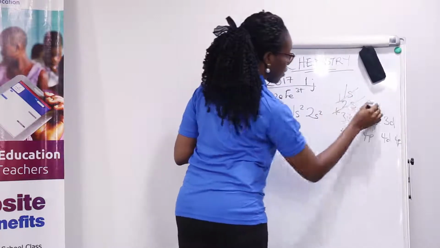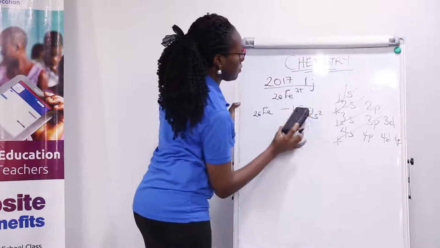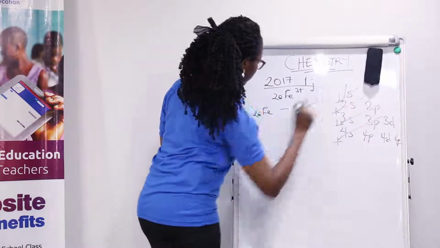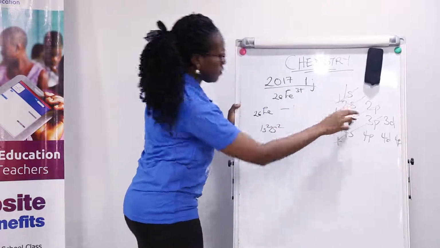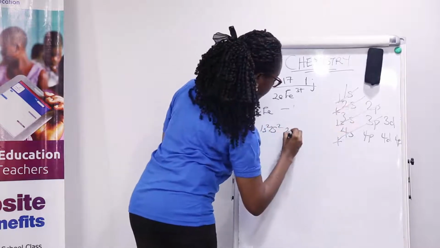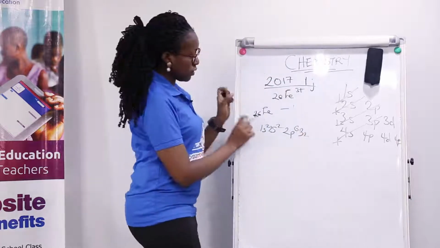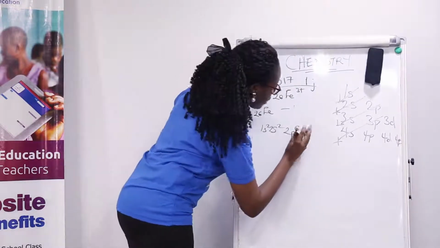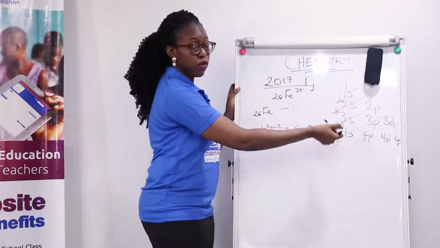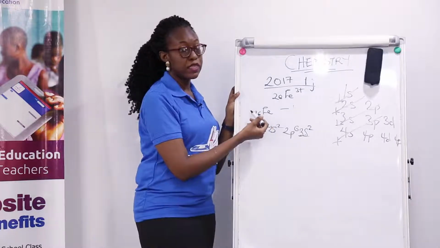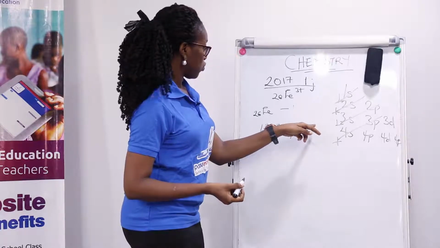1s will be written first, like that. Next is 2p6, and we have 3s2. If we want to know if it corresponds, we can easily count the number of electrons on top to make sure it reaches 26. So here we have 4 plus 6, 10, plus 2, 12.